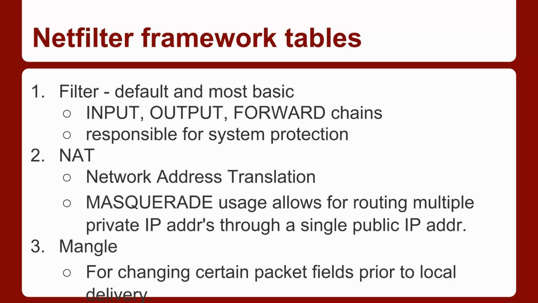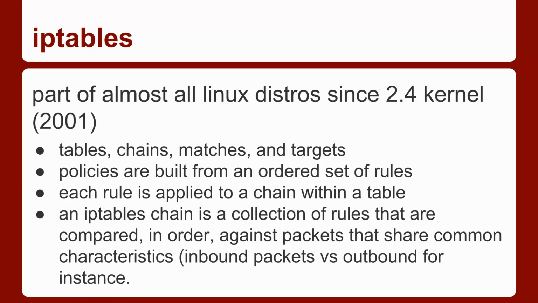The last one is mangle, and it's for changing certain packet fields prior to local delivery. Some IDPS systems do mangling to mitigate exploits if they detect them, and that's interesting, but it's also very, very prone to false positives and messing up stuff.